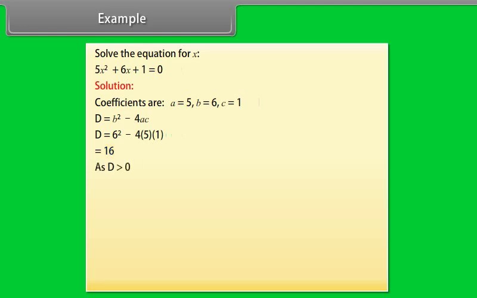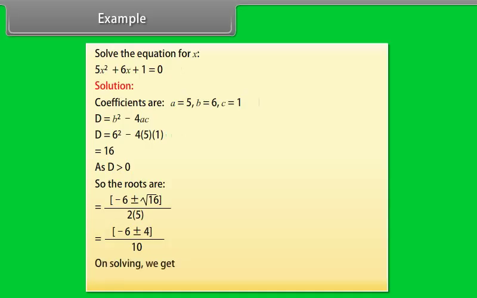As D is greater than 0, the roots are x = (−6 ± √16)/(2 × 5) = (−6 ± 4)/10. On solving, we get x = −1 and −0.2.